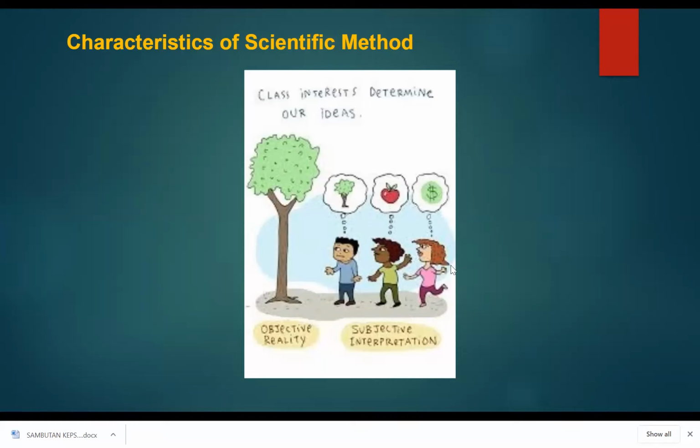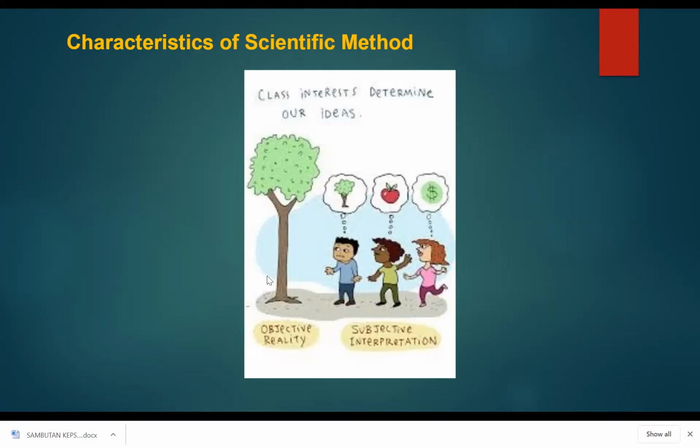Maybe this is an apple tree because he knows that an apple tree may have green leaves like this. So maybe it is true, but it is not objective. The most objective one is the left student, who thinks about what he sees. It is the thing that he thinks. So it is objective.